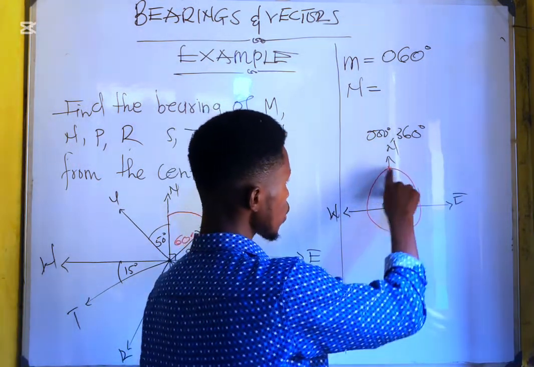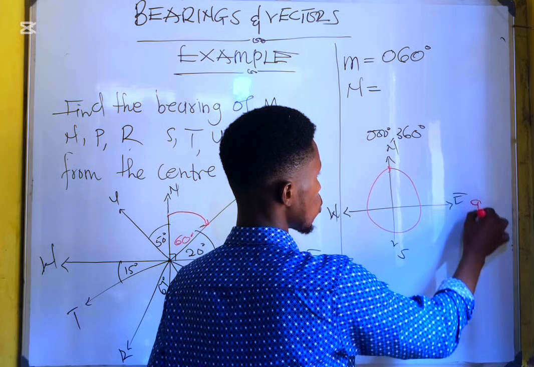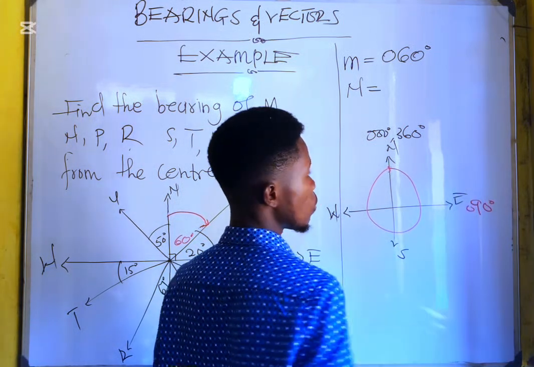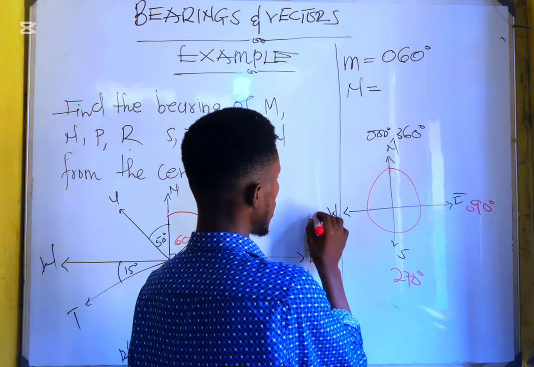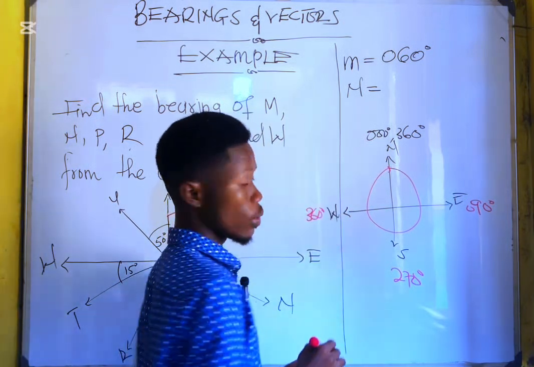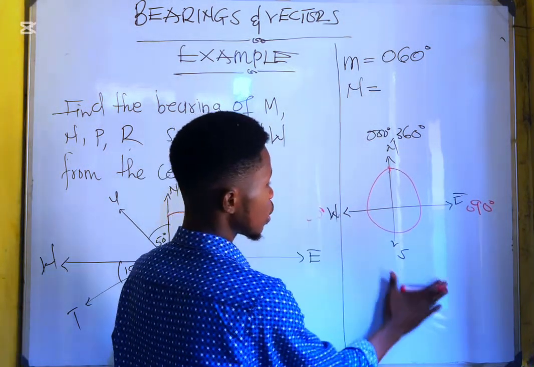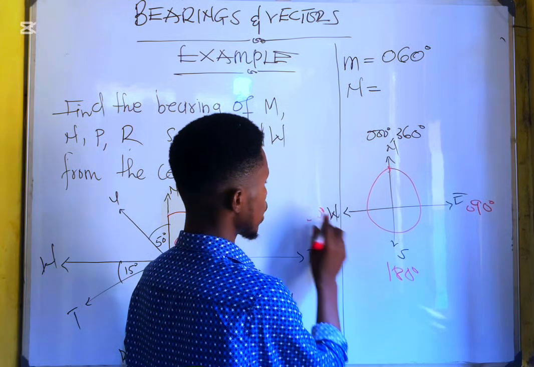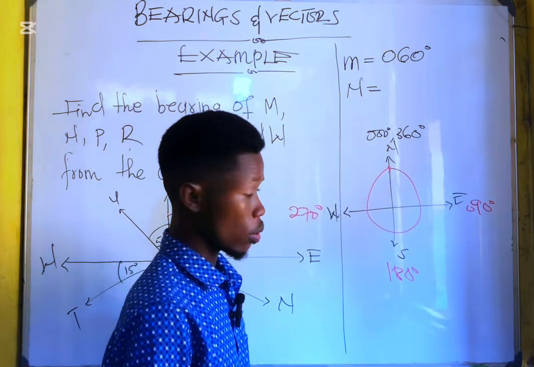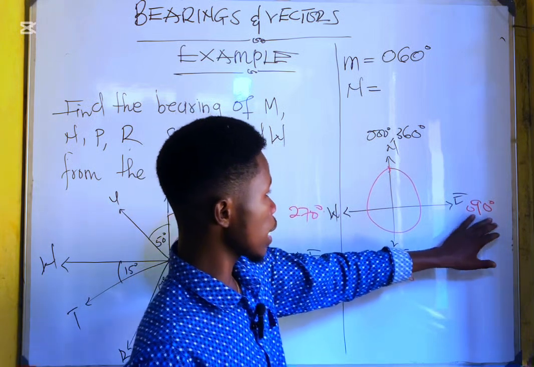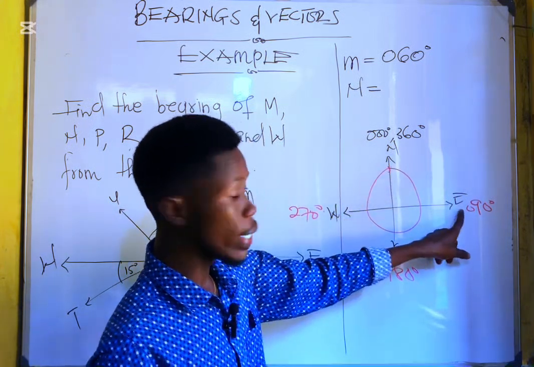Now, from here to here, the east is always 90 degrees. And here is 180 degrees. And here is 270 degrees. I beg your pardon. So from north to east is 90 degrees.